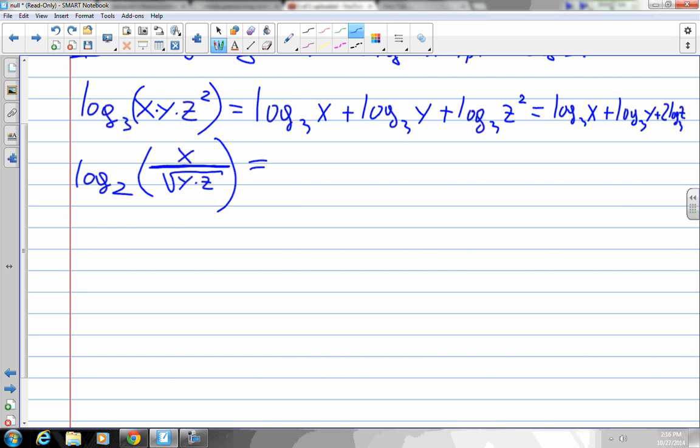And I know how to handle division. Log of a quotient becomes difference of logs. So I'm going to rewrite this as log base 2 of x minus log base 2 of the square root of y times z. Is that okay?